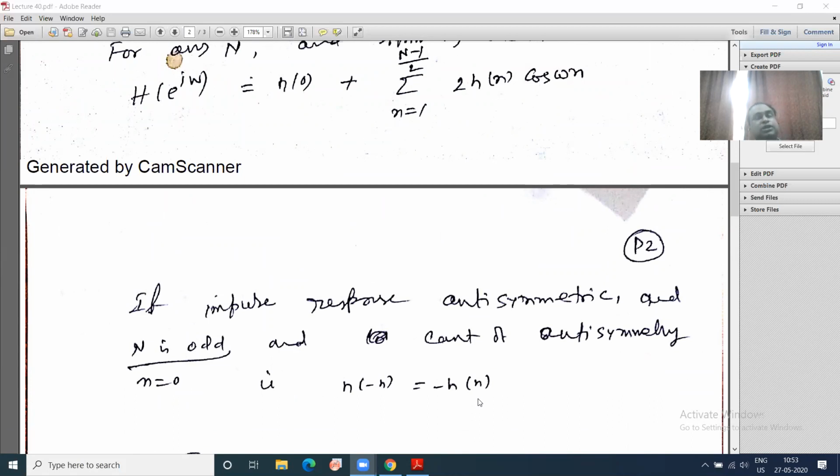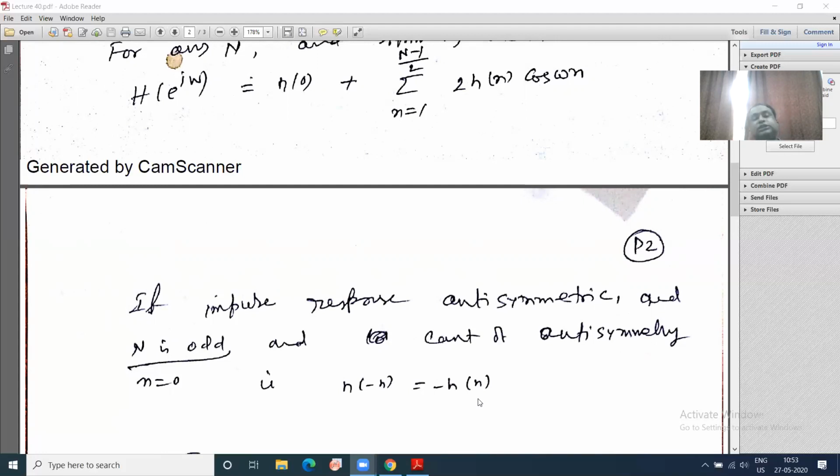This is called the symmetry condition. An antisymmetry condition with respect to N minus 1, where the center of antisymmetry is (N minus 1) by 2, was written as h of N minus 1 minus n equal to minus hn.